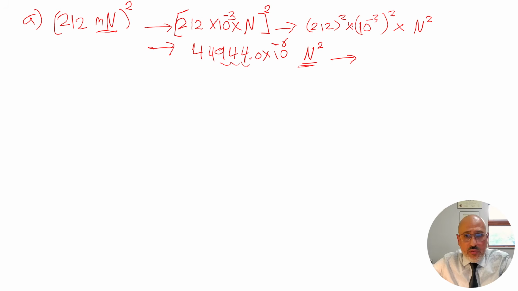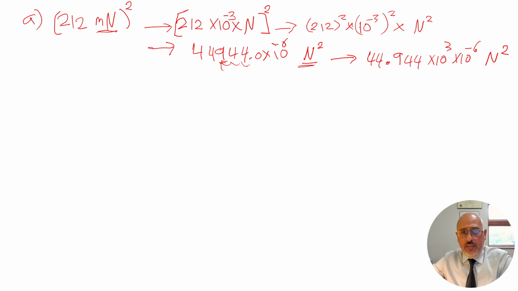So I will say 44.944, moving it 3 digits: 0.944 multiplied by 10 to the power 3 multiplied by 10 to the power minus 6 newton squared. I hope you're following that this 10 to the power 3 is coming from moving the decimal 3 digits to the left.